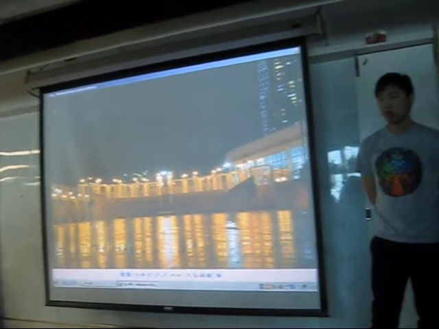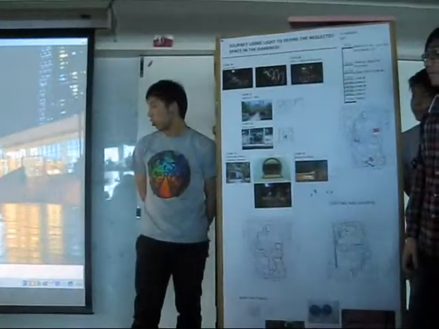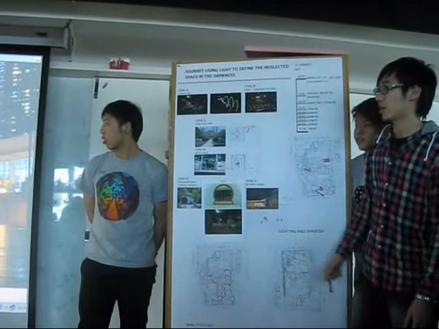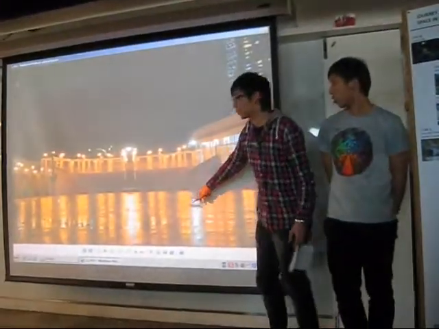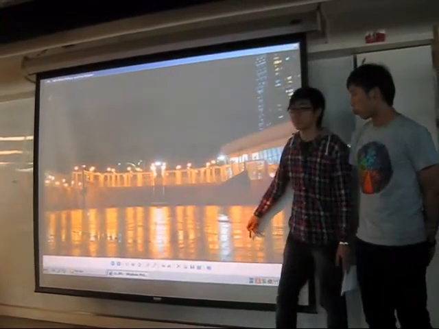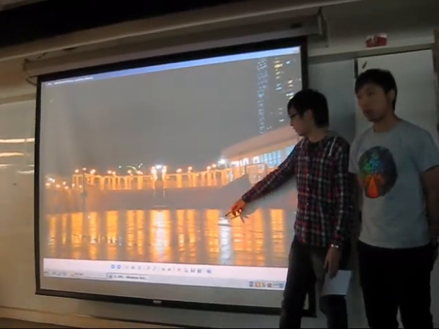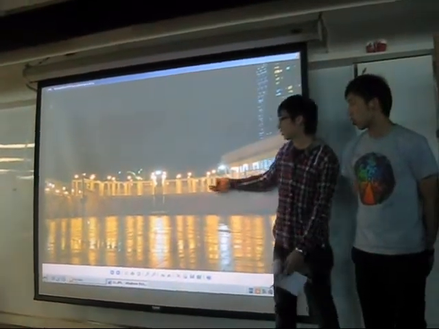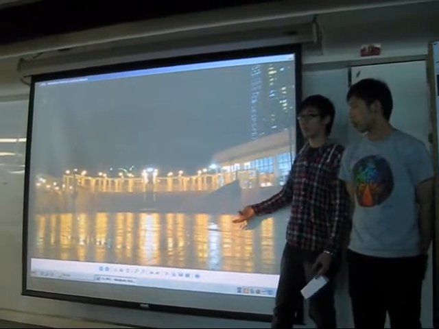Reflection. Yeah, in this particular place. But it's so bright, because these are reflected since it is wet. So if we can make some pattern using the water, the wet floor will be spotted out.